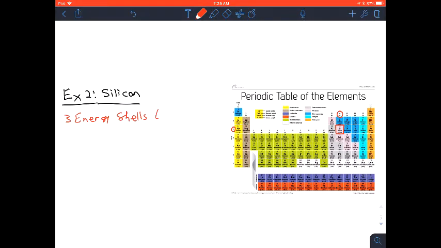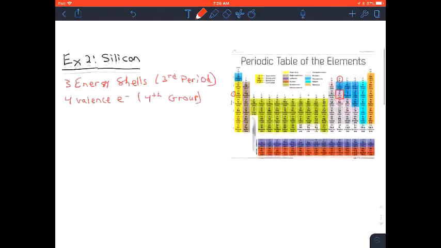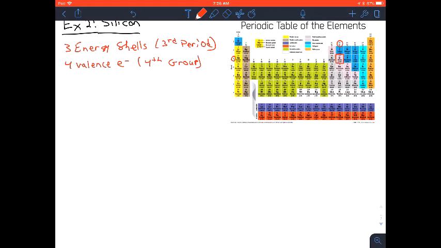That's because it's in the third period. It's going to have 4 valence electrons because it's in the 4th group. Okay, so now we can simply draw our Bohr model.